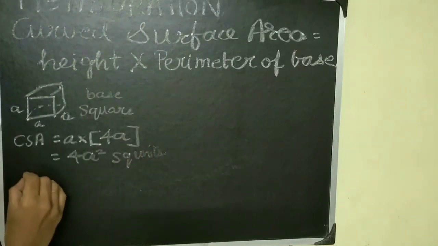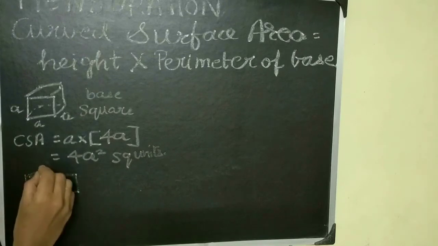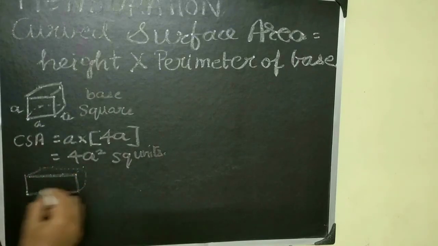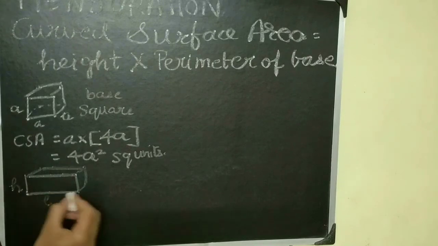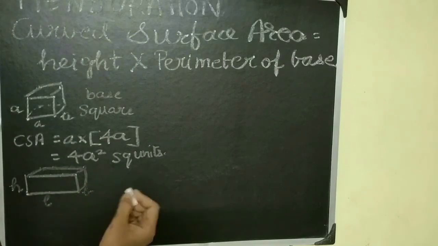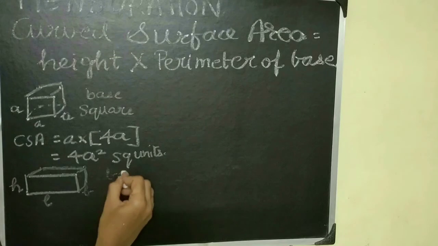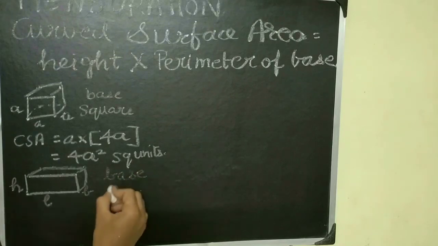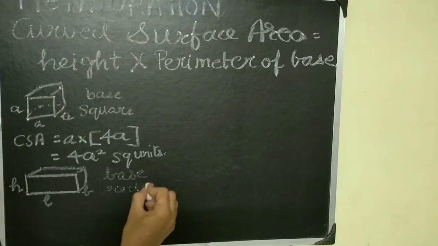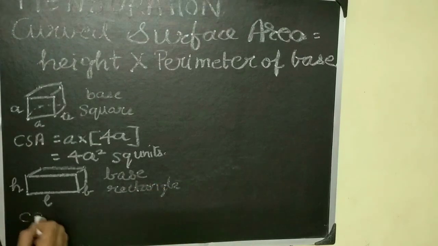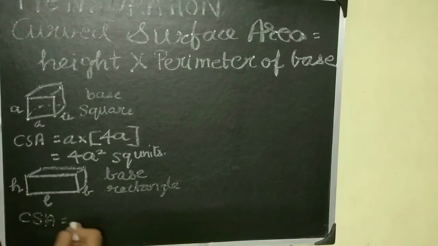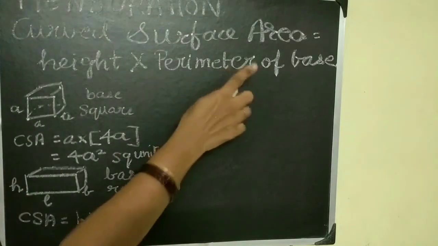Similarly, now I will consider a cuboid. Here the height is h. Let the length be l and the breadth be b of the rectangle. Remember, the base for the cuboid is a rectangle. So I am going to apply it again. CSA is going to be height into perimeter of the base.